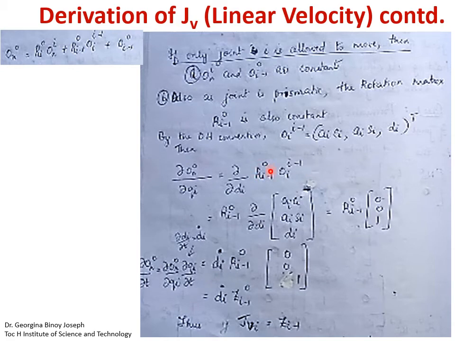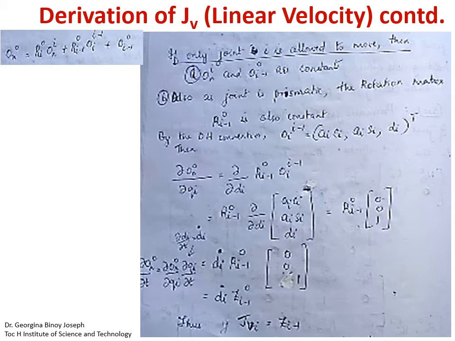This is a constant, so I am taking it out of the derivative. So dou by dou di of aiCi, aiSi, di, which we got from module 4 DH convention. Ri minus 1 to 0 is a constant. There is no di term here, so after taking the derivative I have got 0 and 0. Now dou di by dou di is equal to 1. So I have got this also.